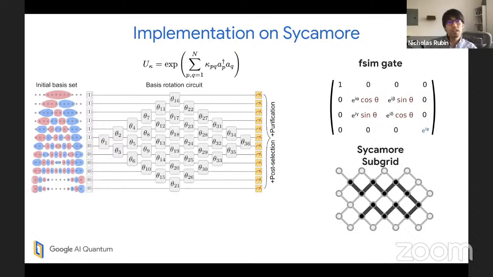So the compilation that is required for this unitary, as I said before, there's no Schroeder error. All you need is linear connectivity. And the way that this works is it's actually QR decomposition of the exponentiated kappa matrix. And this is due to the homomorphism between a one-body Lie algebra and the full U matrix on the full space.